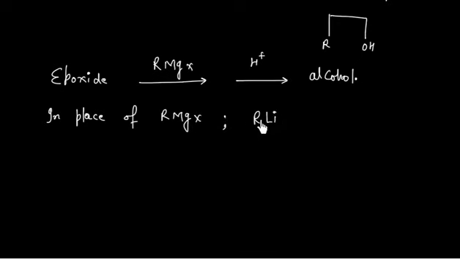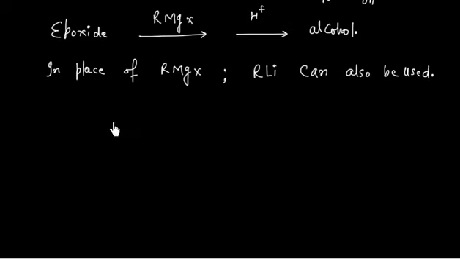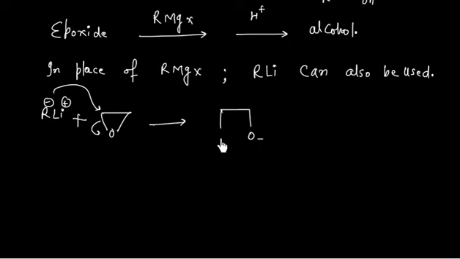Alkyl lithium, that is RLi, can also be used. So if I have an epoxide reacting with RLi, this time again R minus will act as a nucleophile, and then after acidification, we will have alcohol as the final product.